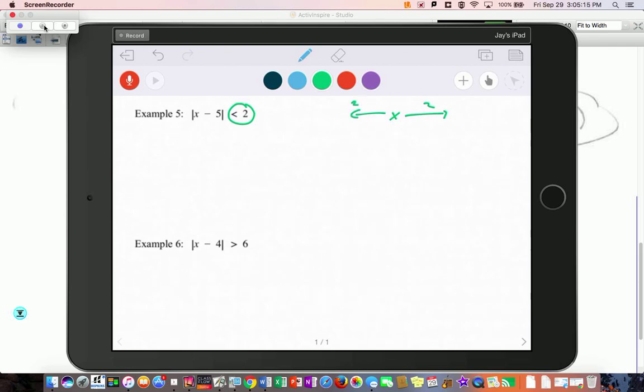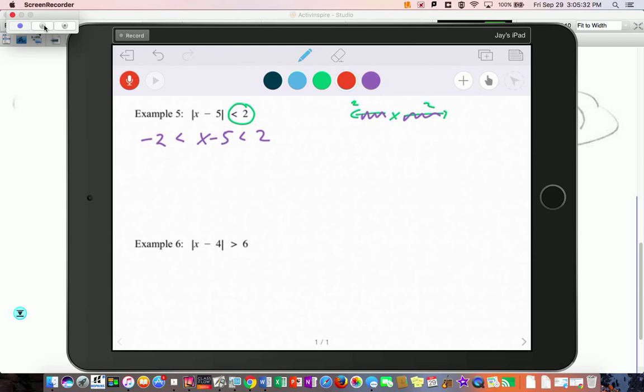So the answers are always inside the critical values. So you can go ahead and take this and make it negative 2, keep the symbol pointing the same way, and then put the positive 2 there. So that's a little bit of a shortcut.